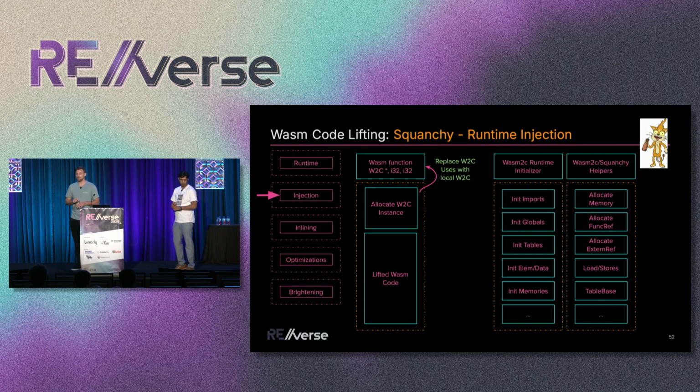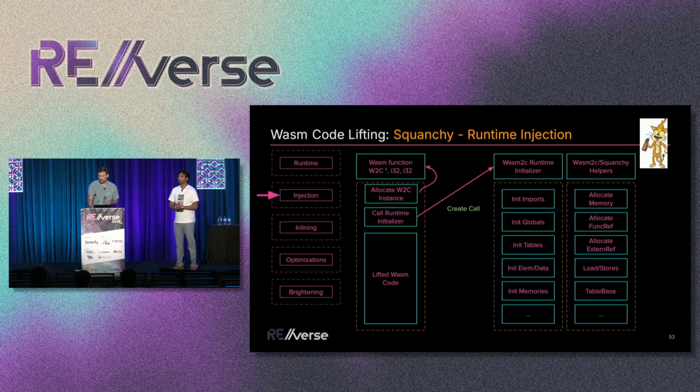The first thing that we do is allocate a local Wasm-mutate instance. It will be at the beginning of the function. Then we replace all the users in the code of the first function argument with this locally allocated Wasm-mutate struct. Then we create a call. This call takes the local Wasm-mutate as an argument, and we call the Wasm-mutate runtime initializer. Remember, when we wanted to execute code, this is what we needed to do before. But now we do it locally. The reason is that as long as it stays global, LLVM will not fold it. The optimization will not work.